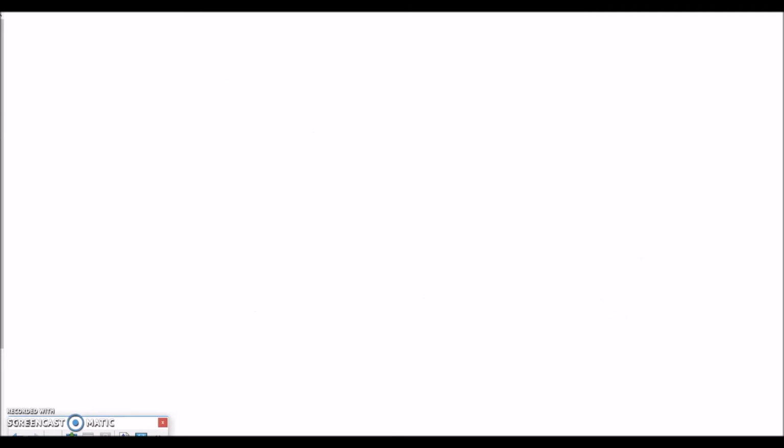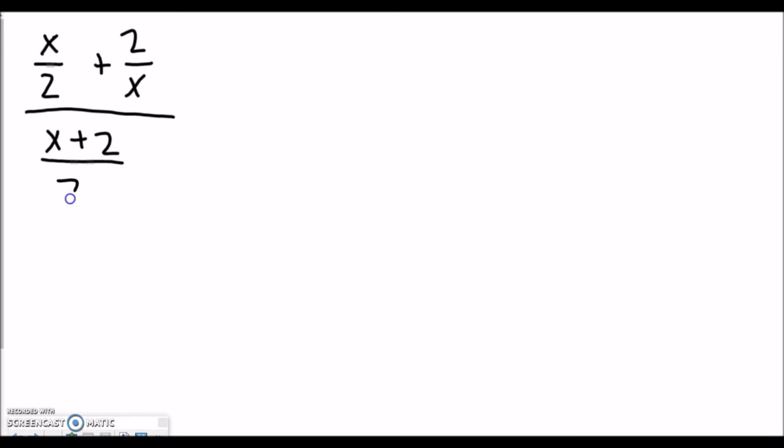Another example with letters. Let's do x over 2 plus 2 over x, all over x plus 2 over 2x. Like our other fractions, we have a choice.